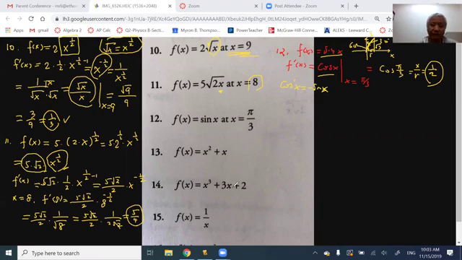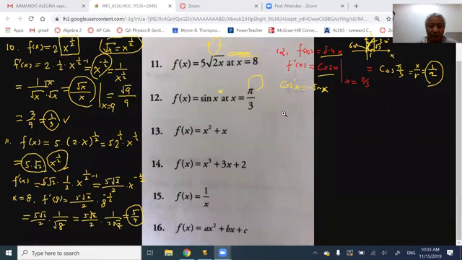The students asked about question 15. 15 is this here. Let me put it up a little bit. When you do the 15, the key part is that you still need to change this into power form, exponent form.